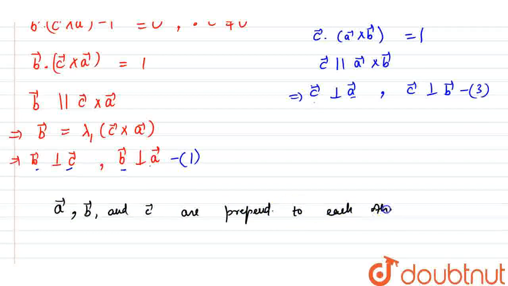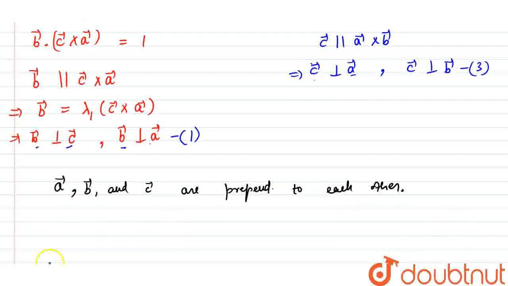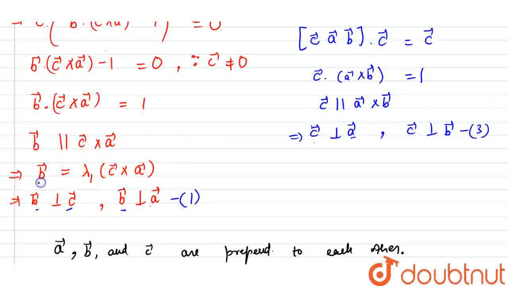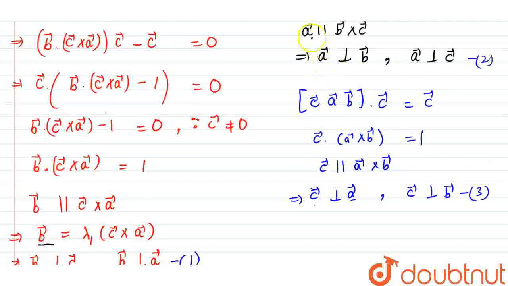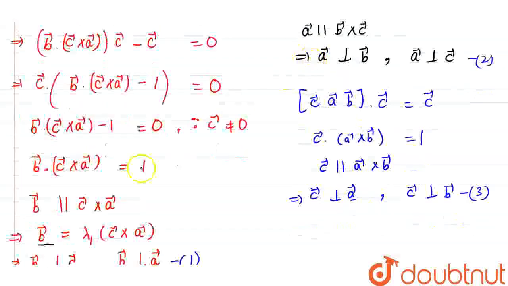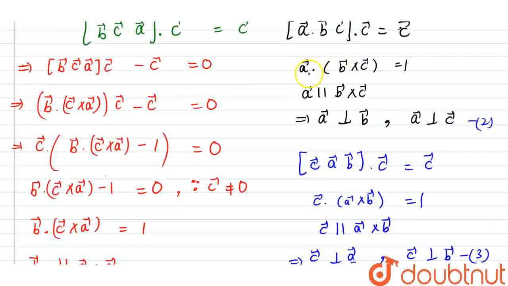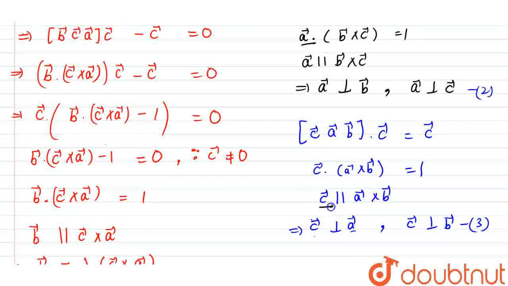And if we have three vectors which are perpendicular to each other, and we have derived them from these three equations, this was the first term, this was the second, and this was the third.